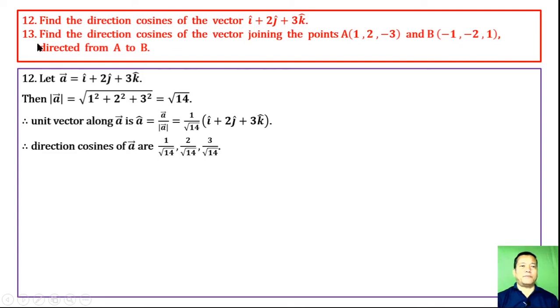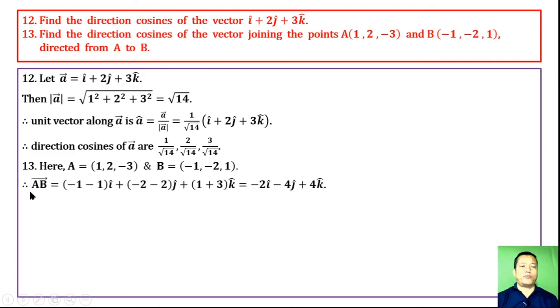Question number 13. Find the direction cosines of the vector joining the points A and B directed from A to B. Here we have to find AB vector, which is x2 minus x1 times i cap plus y2 minus y1 times j cap plus z2 minus z1 times k cap, which gives this. Its magnitude we get as 6.